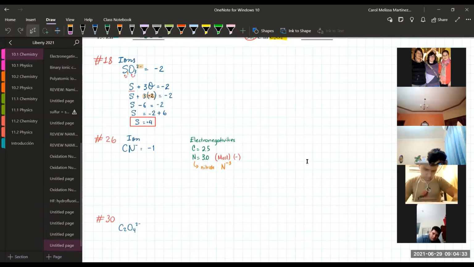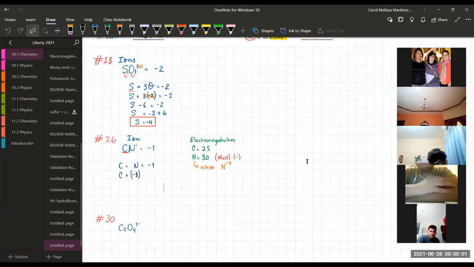So we say, we need to find carbon. Okay? So we say, 1 carbon plus 1 nitrogen equals -1. 1 as a coefficient can be ignored. So you say carbon plus nitrogen. Nitrogen is negative 3, okay?